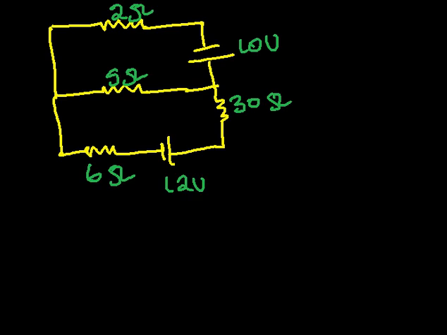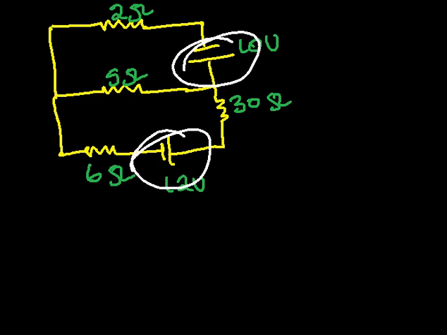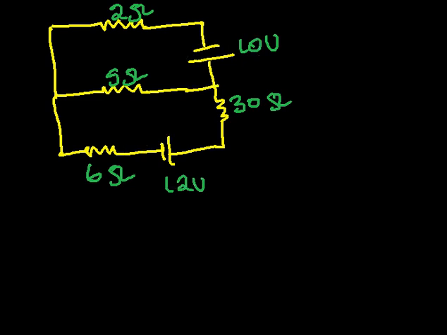So now let's say this is the circuit, and the question says to find the current across each resistor using Kirchhoff's laws. By the way, this is part of a complex circuit, as you can see, because we have more than one source of voltage, or source of power. So how should we go about this?